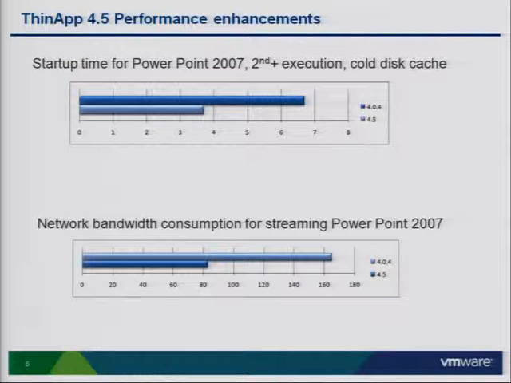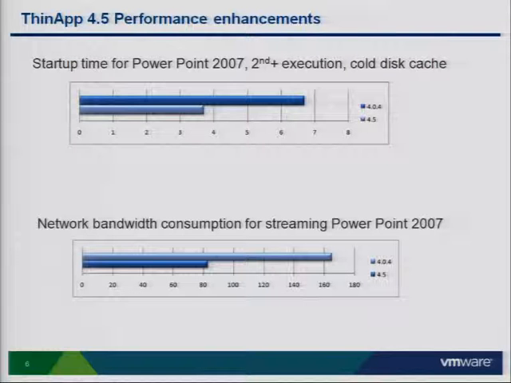So in 4.5, you can see here the first launch of an application on a cold disk cache, which is probably the most common case where a user logs into a desktop. They haven't run it before. First thing in the morning, they launch it and they leave it open all day. We've gotten the startup time down from 7 seconds to less than 4 seconds.